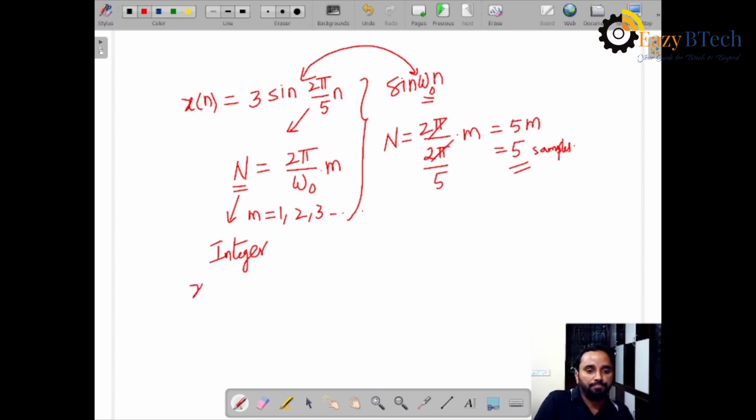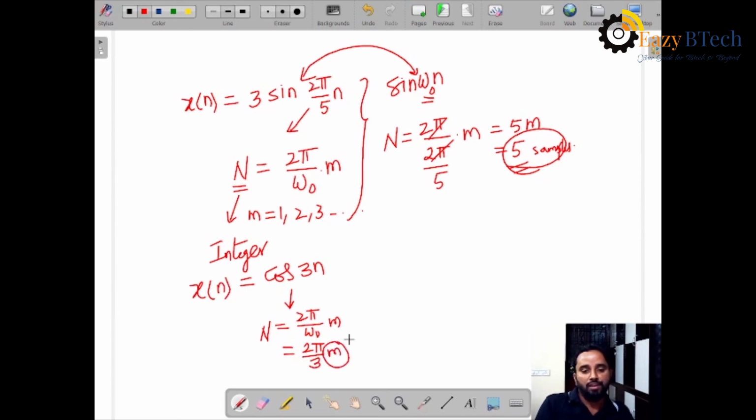Another example. Here capital N must be an integer. That is the point. For example, if you take cos 3n, what is capital N? 2 pi by omega naught into m. In the place of omega naught, we have 3. So 2 pi by 3 into m.